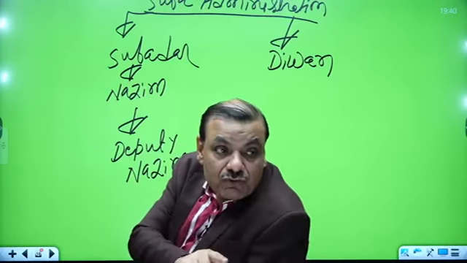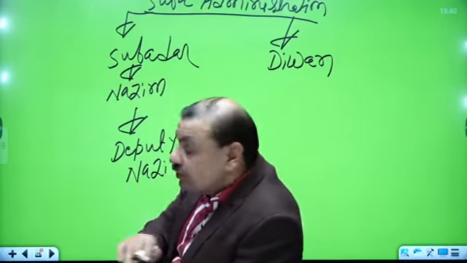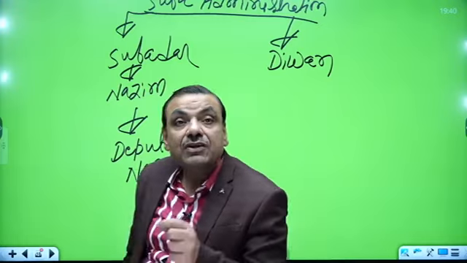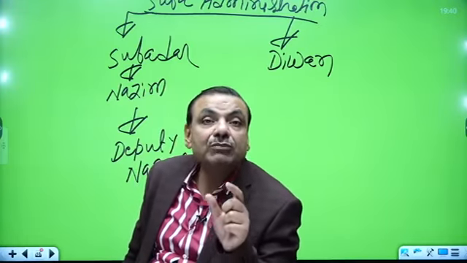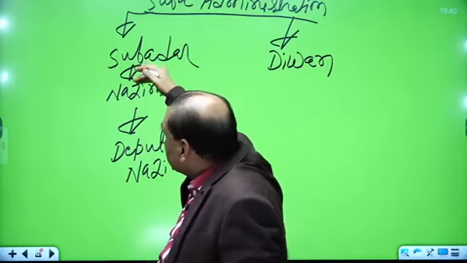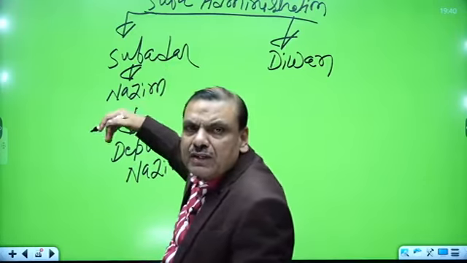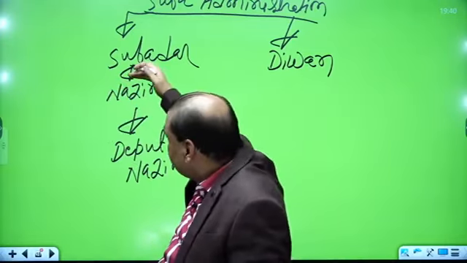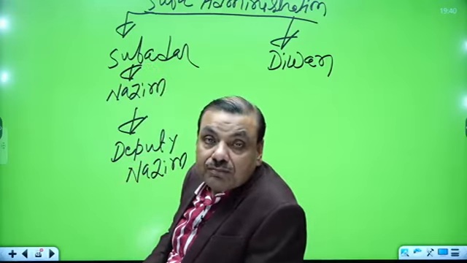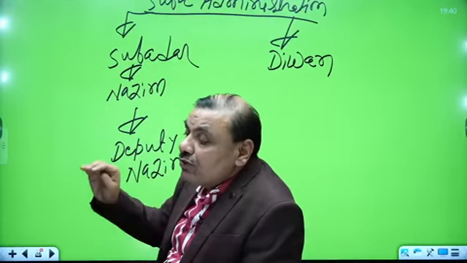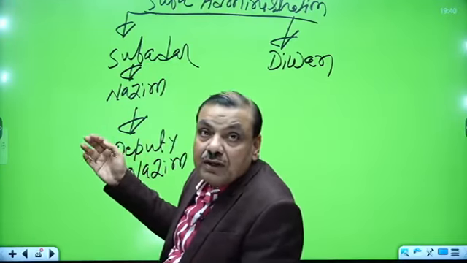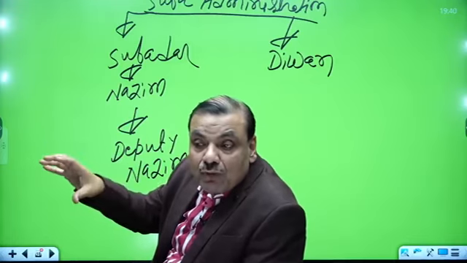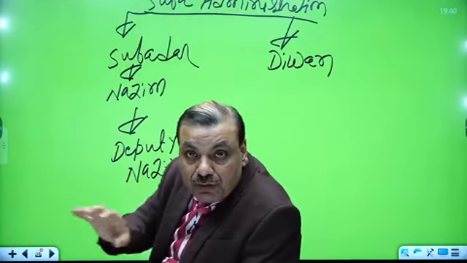If there is the creation of the post of the Deputy Najim, the actual power of Najim or Nawab was divested from this post, and the power was devolved to the post of Deputy Najim. The post of Najim was divested of all power and the actual power was given to the Deputy Najim.